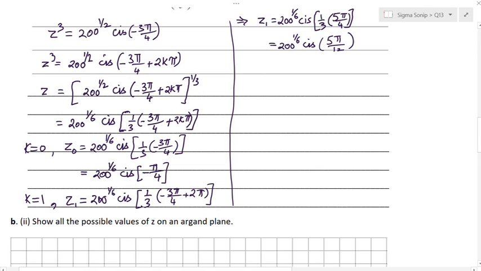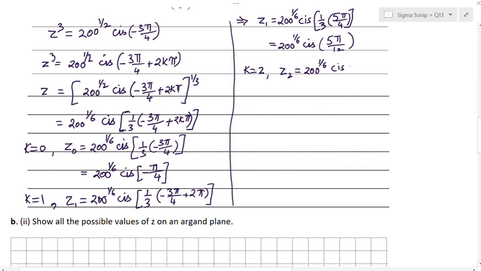Okay, this is my z1, and next value that I'm going to take for k is k equals 2. That gives me my third value for z, and I'll call it z2.